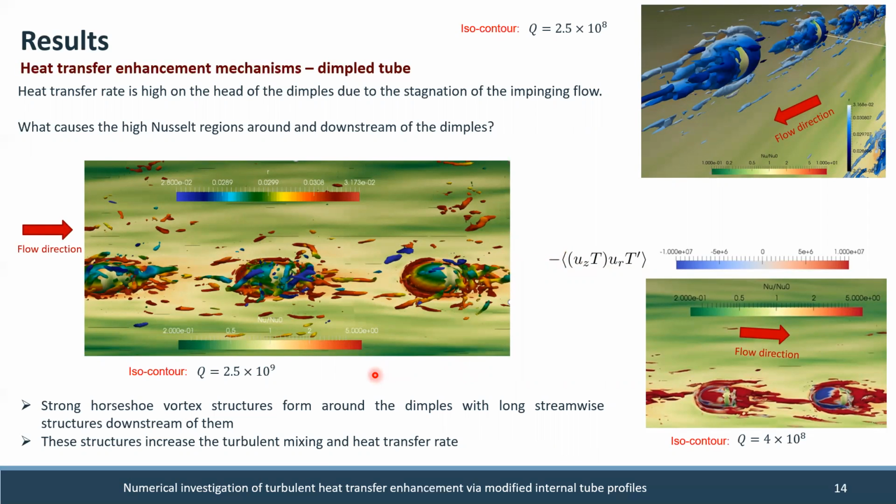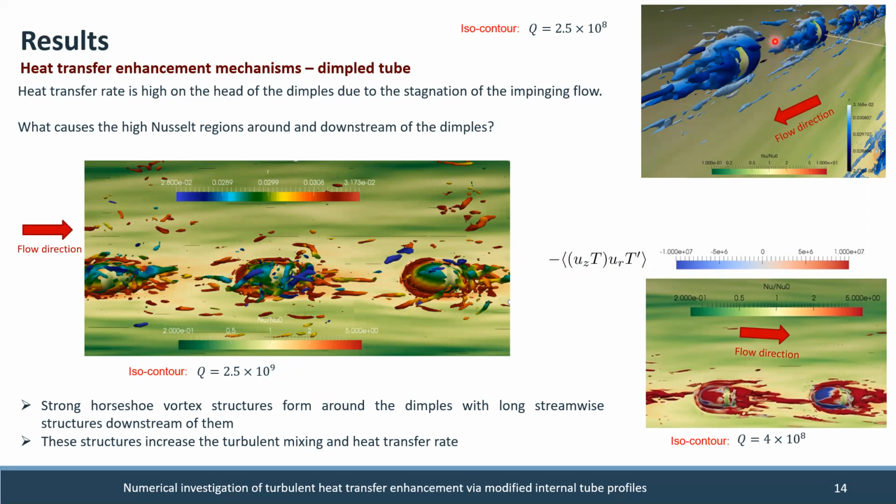Here I'm showing the isocontours of Q criterion, and you can see that we have strong horseshoe vortex structures which are formed around the dimples, and we also have long coherent structures downstream of the dimples.